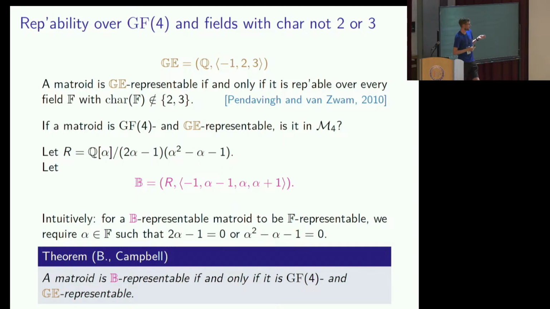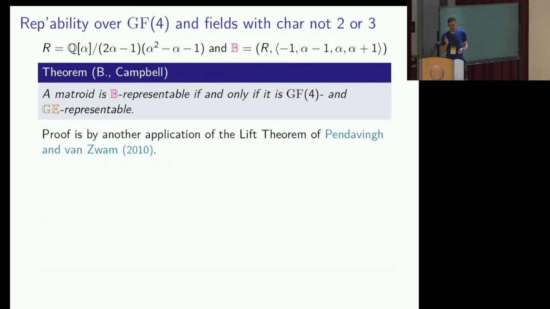So something behaving a bit like a half, or something behaving a bit like a golden ratio. So how did we prove this? It's yet another application of the lift theorem due to Rudy and Stefan. Pretty much all of the results of this type, such as a matroid being near regular if it's GF3, GF4, GF5 representable, can be seen as an application of this lift theorem.